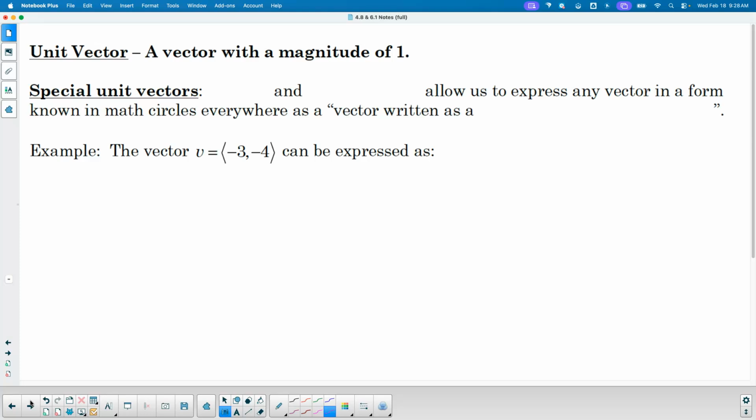It's a vector with a magnitude of 1, right? So can you come up with a vector with a magnitude of 1? Give me a vector with a magnitude of 1.